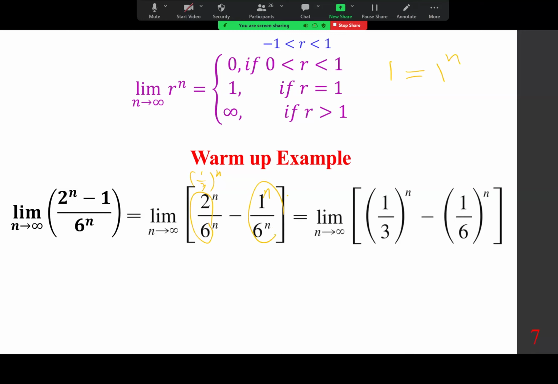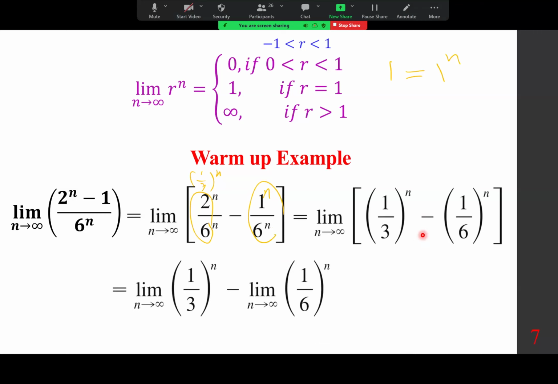I write them in this fashion so I can move on by using the limit laws and say the limit of the difference is the difference of the limits. Now we know this one is 0 because 1/3 is between 0 and 1, or between negative 1 and 1. The same is true for 1/6, and the final answer is 0 minus 0, which makes it 0.